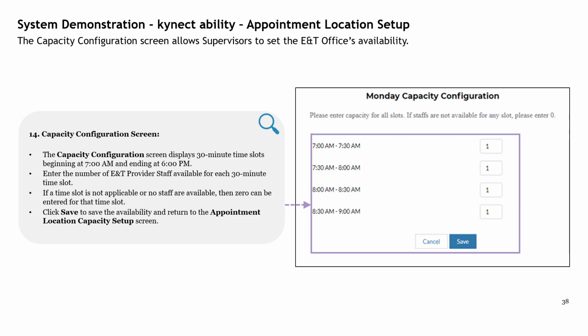If a time slot is not applicable or no staff are available, then 0 should be entered for that time slot. If the ENT office is closed on a particular day, then 0 should be entered for each time slot. Click Save to save the availability and return to the appointment location capacity setup screen.